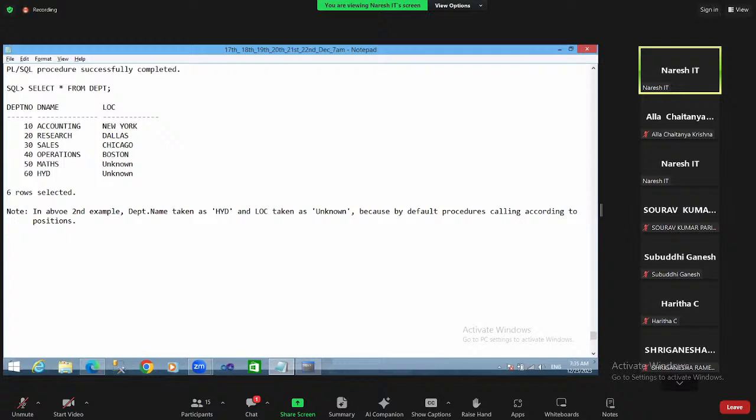To overcome this problem, Oracle provided notations. The notations concept is provided, guys. What's the meaning of notations?